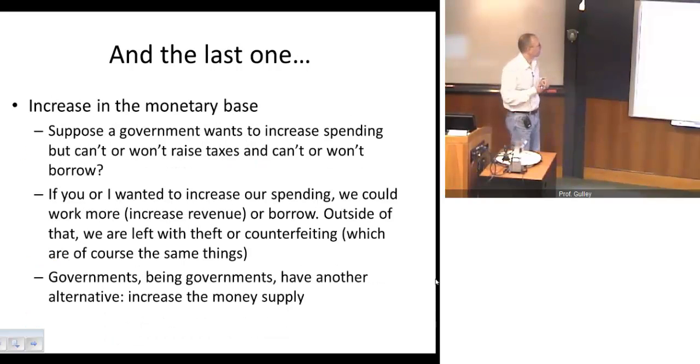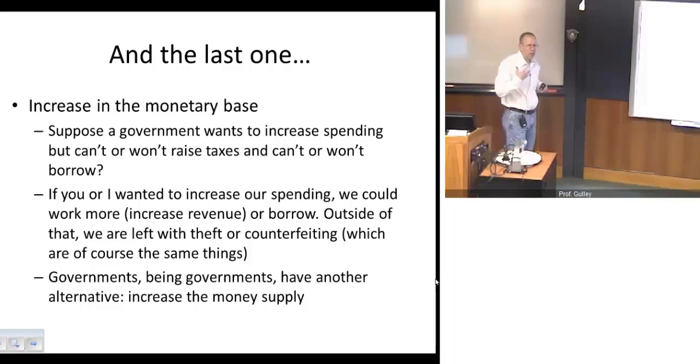Well, what about the last option? What about printing money, so to speak? Well, suppose a government either for some reason can't or won't raise taxes to finance its spending, and can't or won't borrow to finance its spending. Think about it from our point of view, a personal point of view.